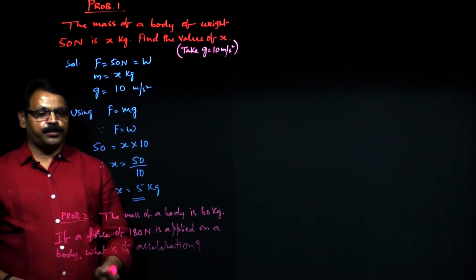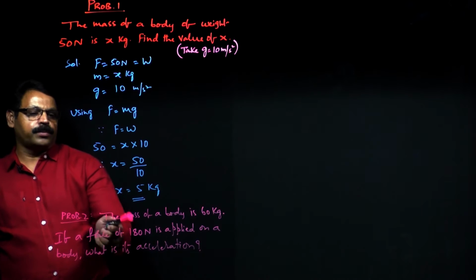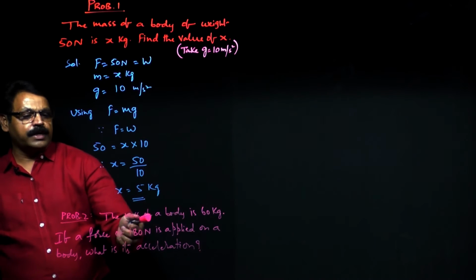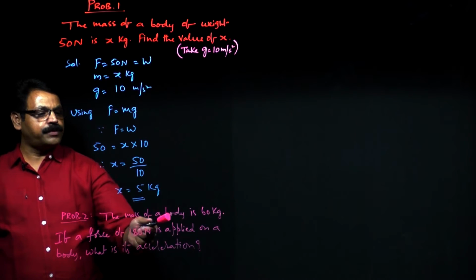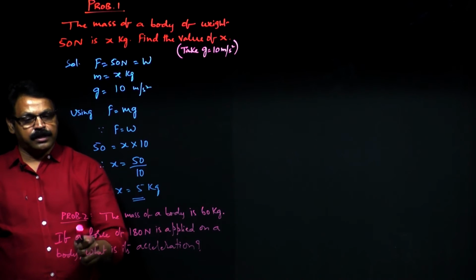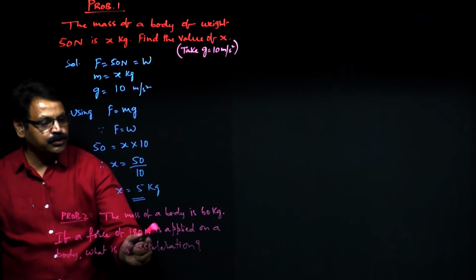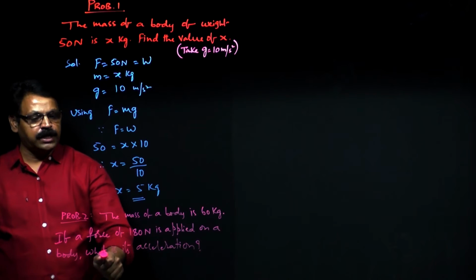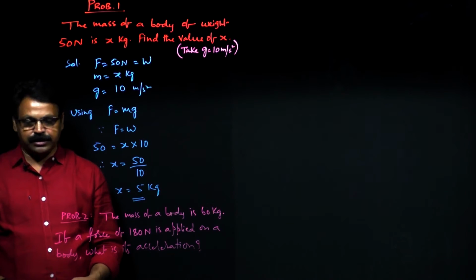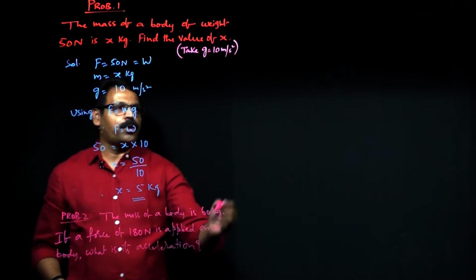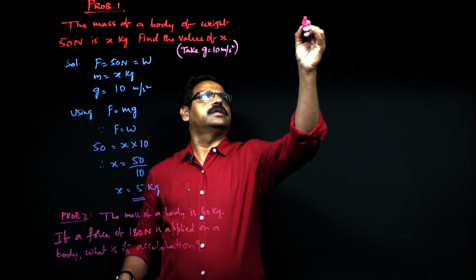Now we look at another problem, problem 2. The mass of a body is 60 kilograms. If a force of 180 Newton is applied on the body, what is its acceleration? That means this problem can be solved like this.